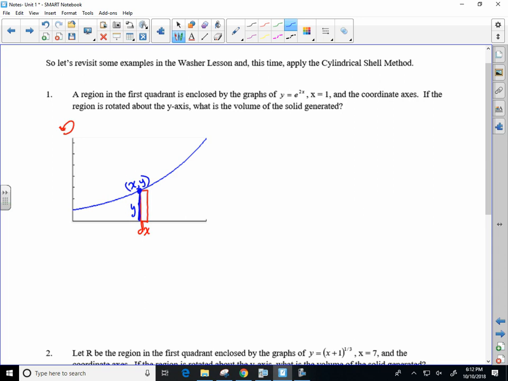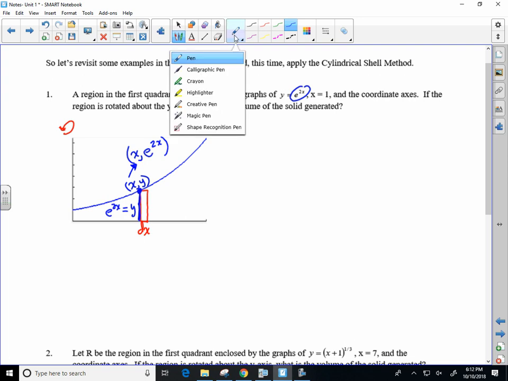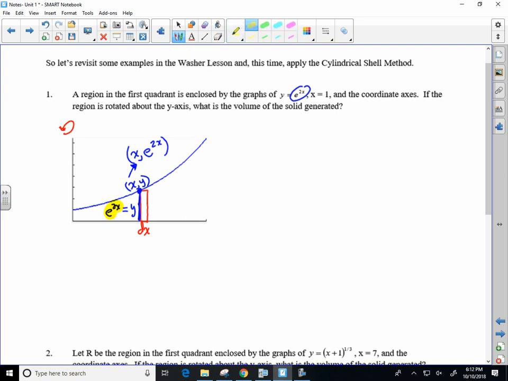In this case, x comma what y is equal to, e to the 2x. So I now know that the height of this rectangle is e to the 2x. That's a piece of information that we need.